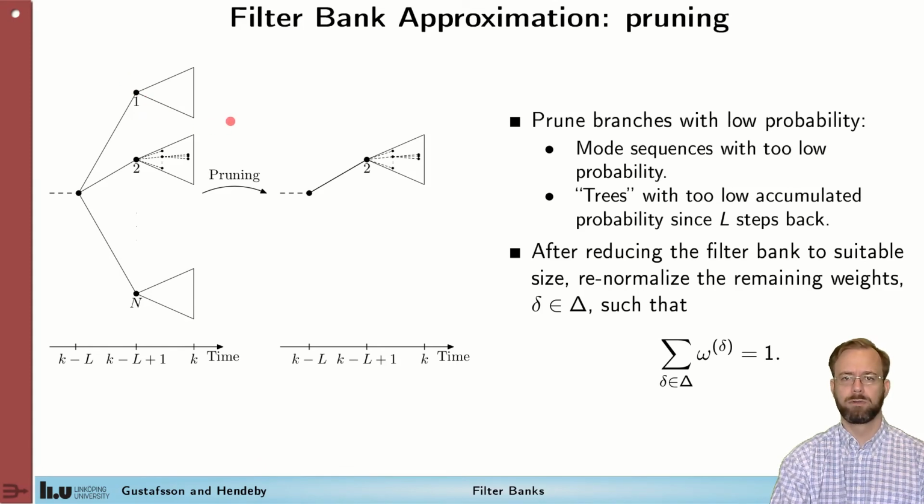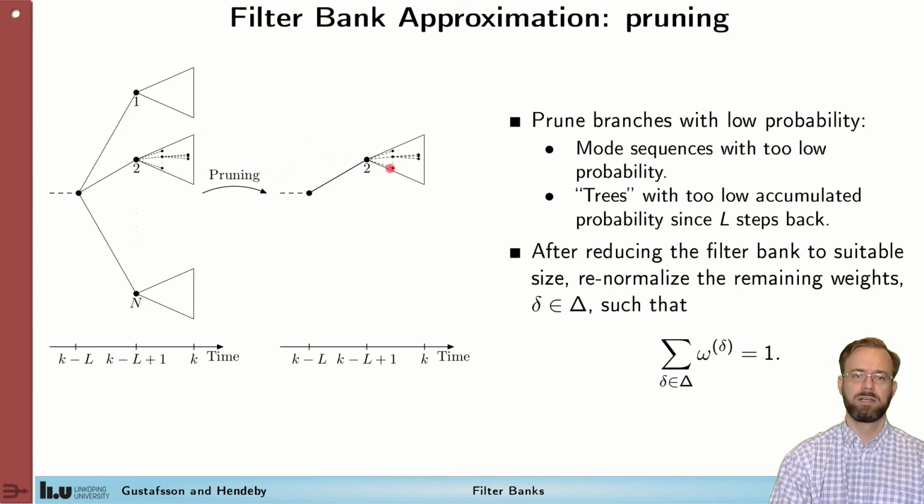And this whole triangle indicates a full tree of different mode sequences. So what we can do in the pruning step is to say, okay, this one and this one have really low probability of being the true tree. So we just cut them away, and we end up with only the one tree here. And we have considerably reduced the number of different sequences to consider.